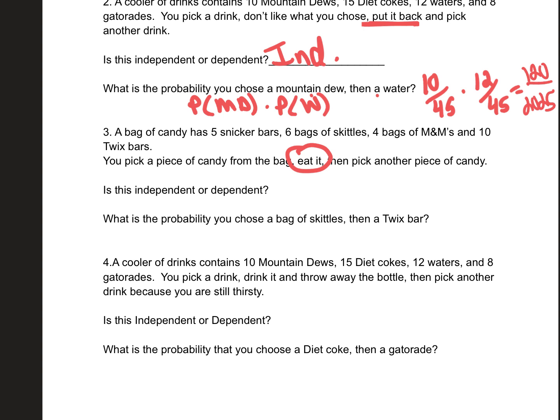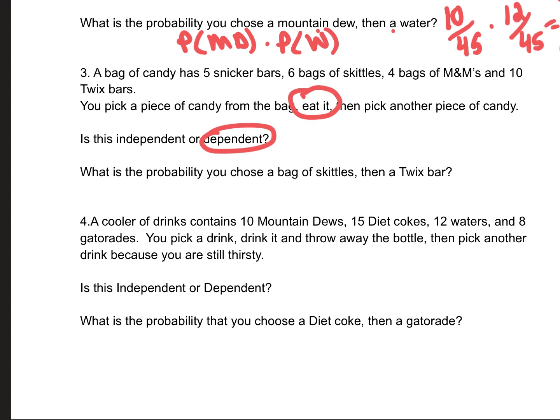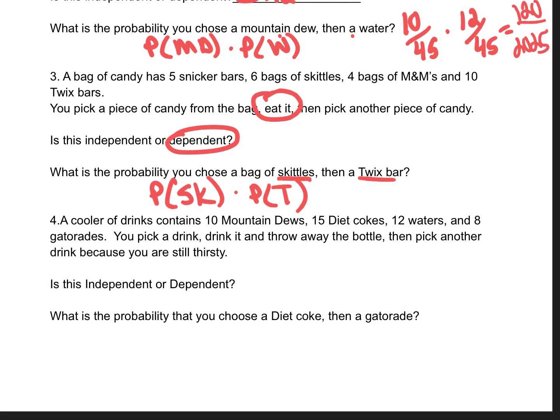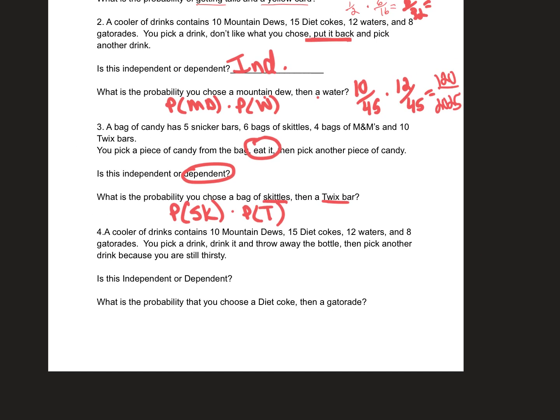Okay, so this is dependent because what you got and what you ate the first time will impact what you actually pull out the second time when you go to take your candy. So what's the probability that you do Skittles, then Twix? So we're going to have the probability of Skittles times the probability of a Twix. Of course, when we're picking a Twix out of the bag, that second time we know there's one less piece of candy in there.